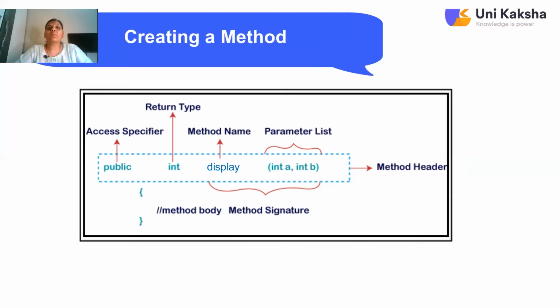Here you can pass n number of parameters, or sometimes the method will not take any parameters. It is totally dependent on the requirement of that method. Then, inside the curly braces, whatever you write is considered the method body. Here you write the executable statements. This is how a method can be written.